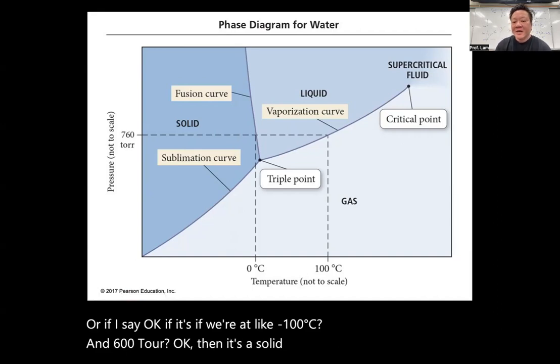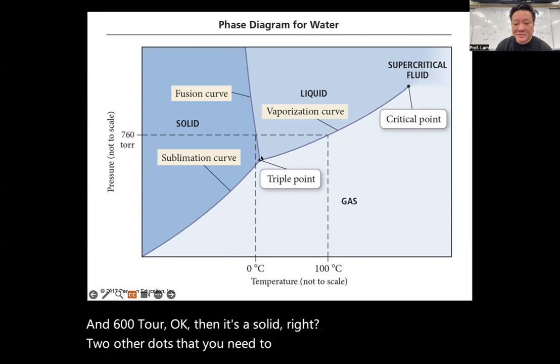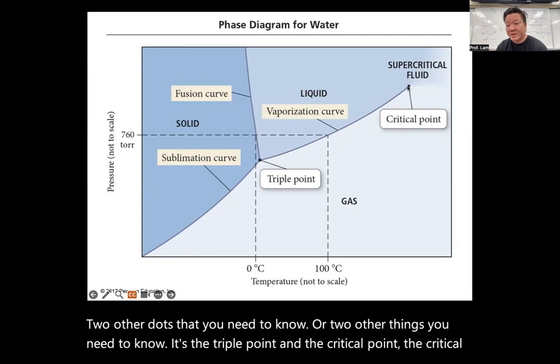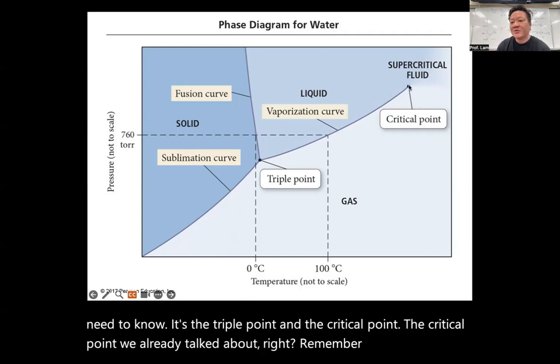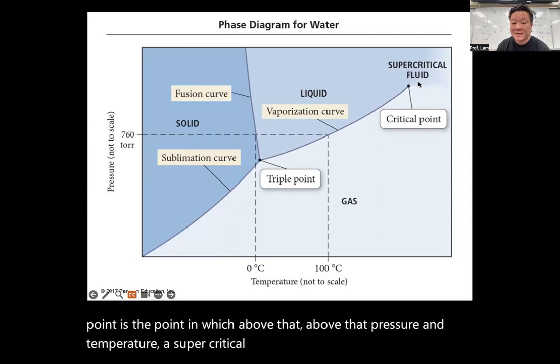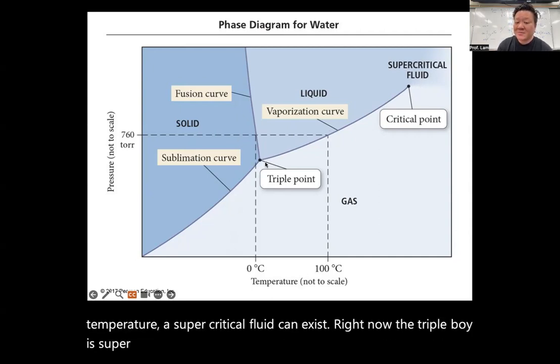Okay. Two other things you need to know are the triple point and the critical point. The critical point we already talked about, right? Remember, it's the point above which pressure and temperature a supercritical fluid can exist, right? Now the triple point is super interesting. It's the point where all three of these curves meet.